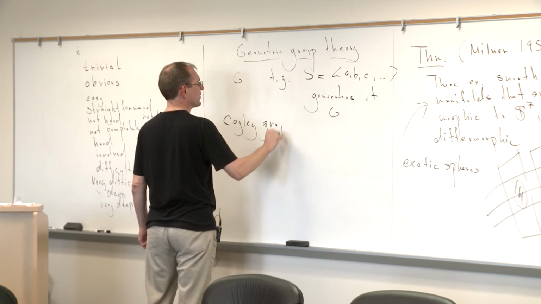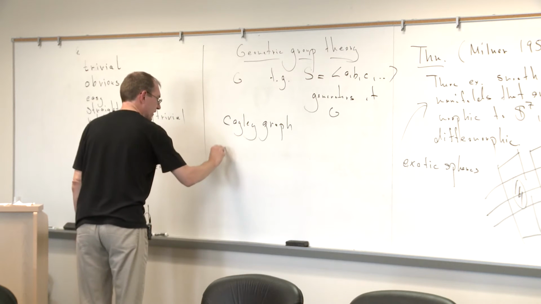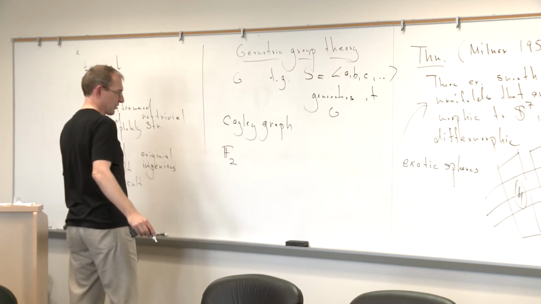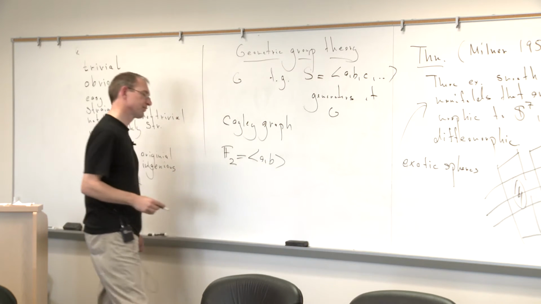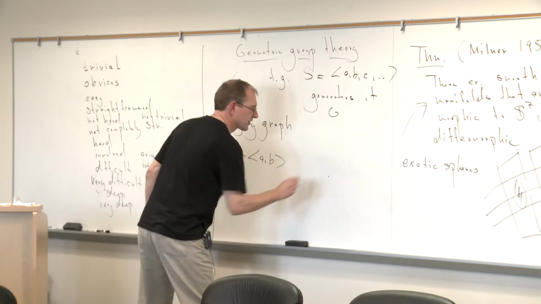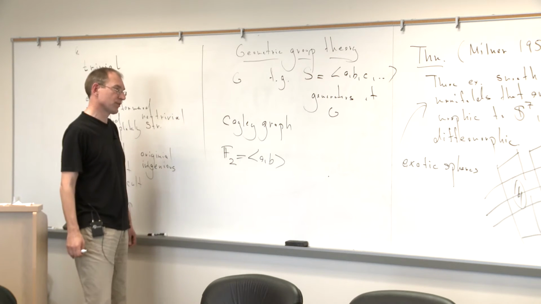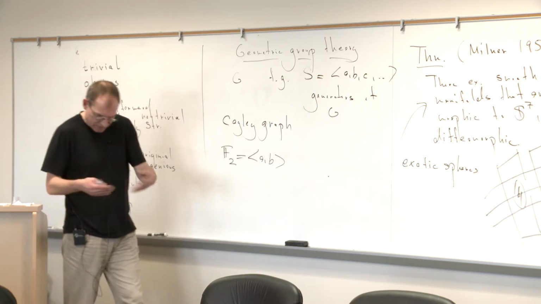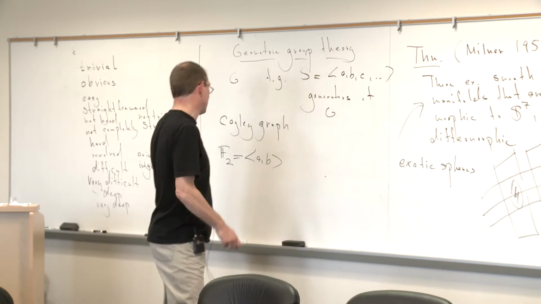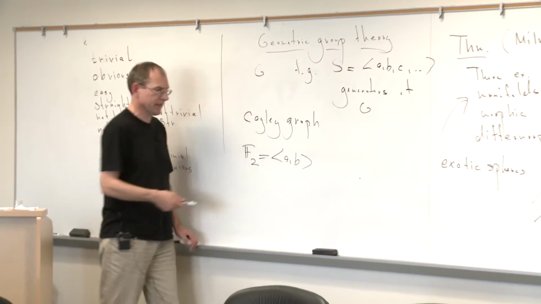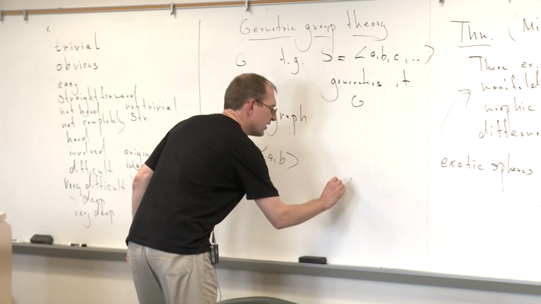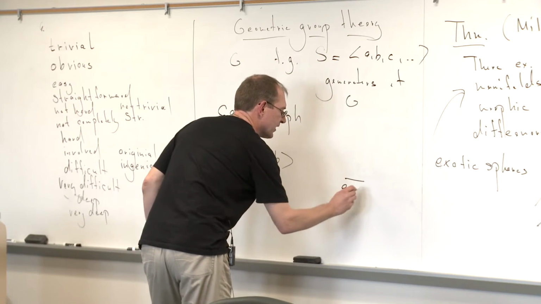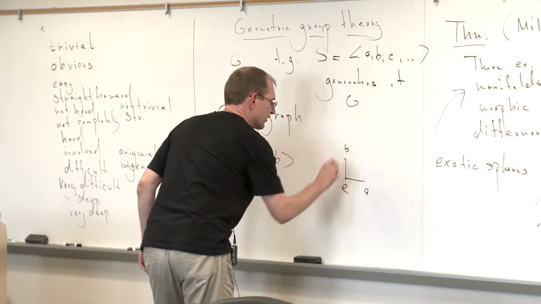Instead of giving the general definition, let me just look at a quick example here. So you have what is called the free group. It's generated by 2 elements A and B, right? And then you can construct a graph where the vertices are the group elements. And then you connect 2 group elements if one is obtained from the other by applying one of the generators or its inverse from the right. So for example, in the free group, you would get a picture that kind of looks like this.